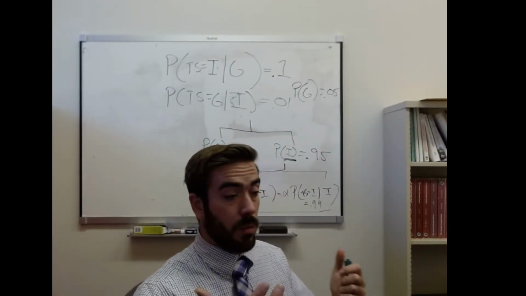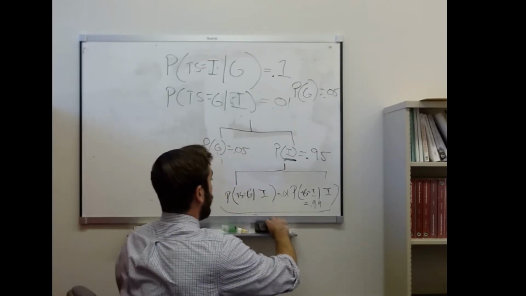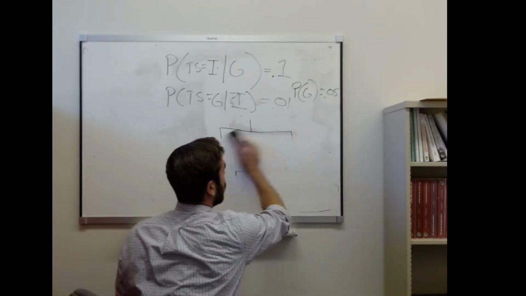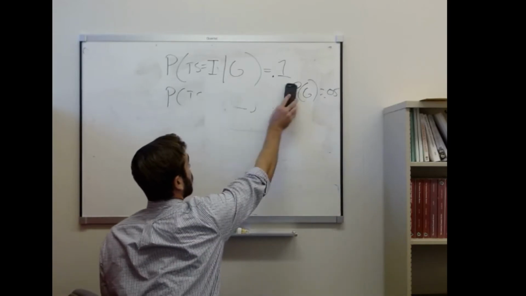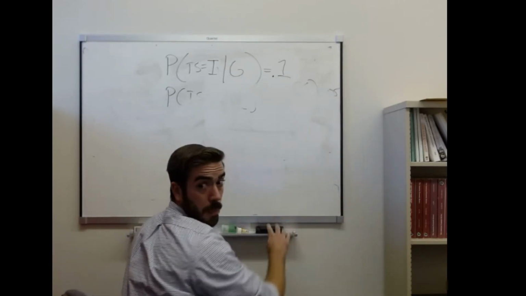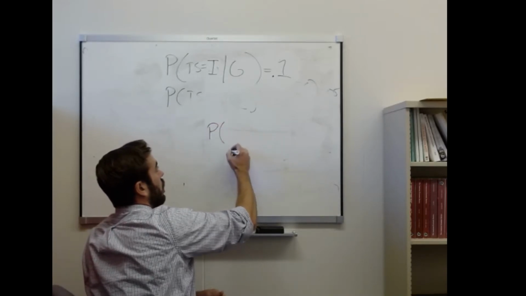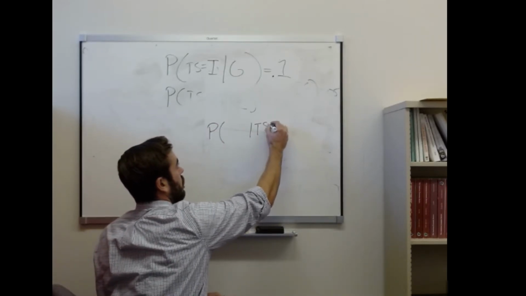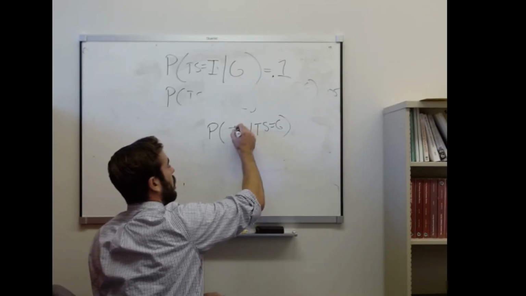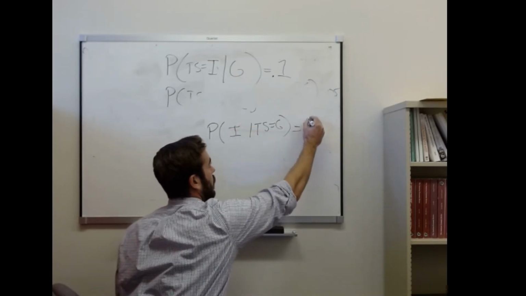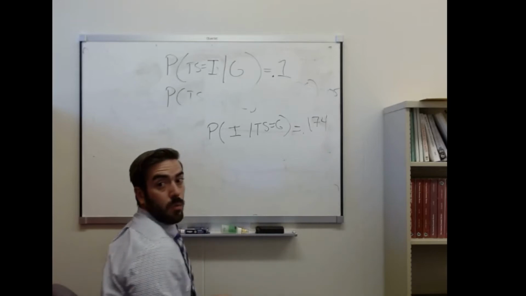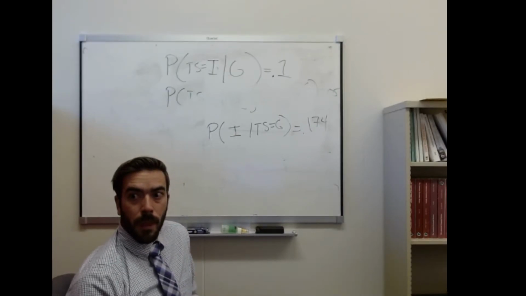Now, if we have that information, we could actually answer a different question as well. Let's say what I just found was that, given the truth theorem makes them say they're guilty, the probability they're actually innocent was 0.174.